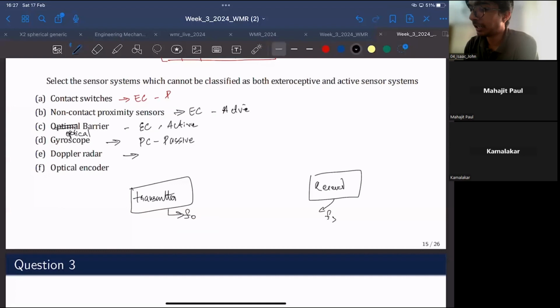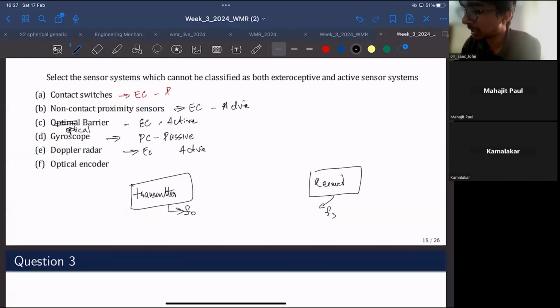So that makes it an active sensor. And due to the fact that it is measuring the velocity of an external object, it also becomes an exteroceptive sensor. So Doppler radar is exteroceptive and also an active sensor.